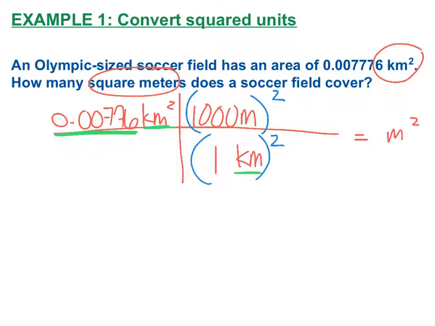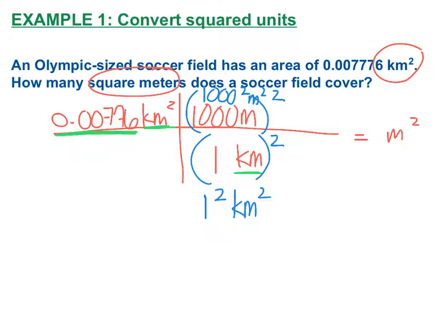Using the properties of exponents, that 2 gets distributed. So it's 1 squared times kilometers squared, and up top, 1,000 squared and meters squared.